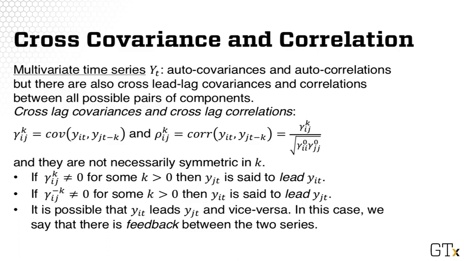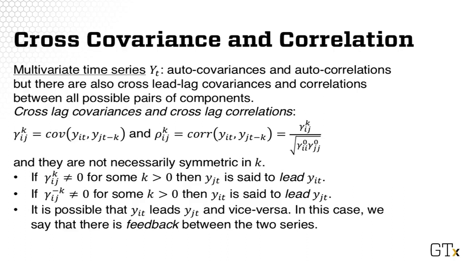It's important to remember that the lead-lag covariances and correlations are not symmetric. For example, gamma ij at lag k is not equal to gamma ji at lag k. This means that the dependence between the time series i at time t and time series j at time t minus k is different from the dependence between the time series i at time t minus k and time series j at time t.